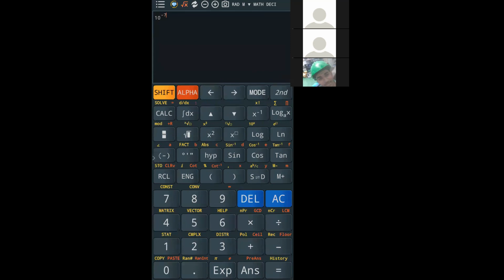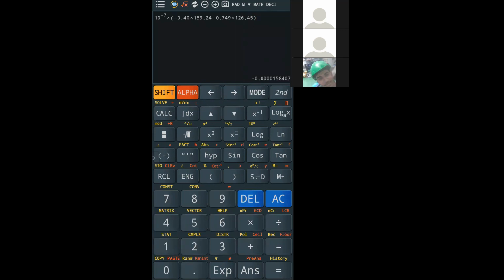10 raised to power minus 7 into minus 0.40 into 159.24, then minus becomes plus. Sorry, one more minus you have, minus 0.749 into 126.45.